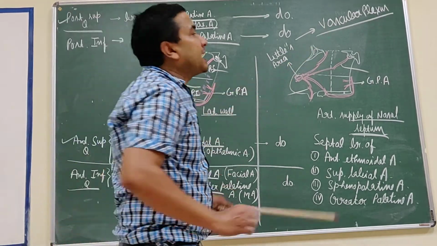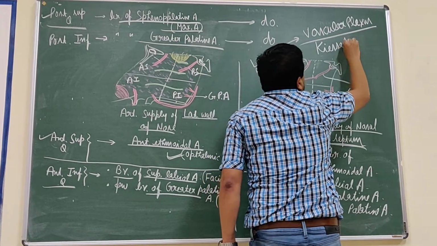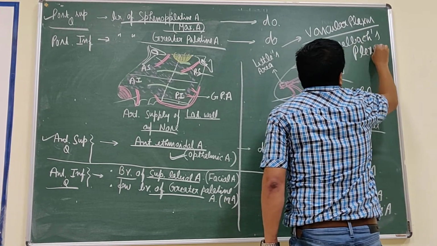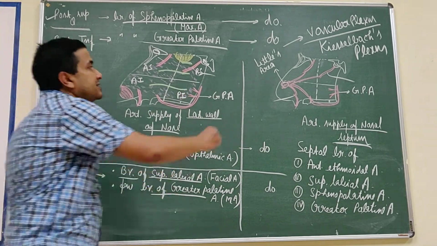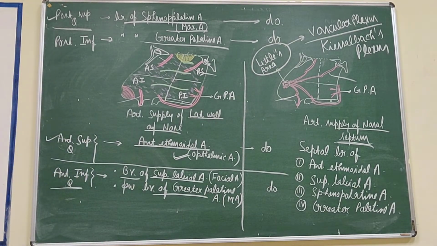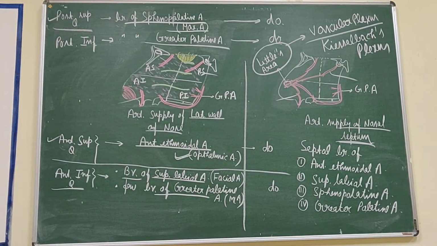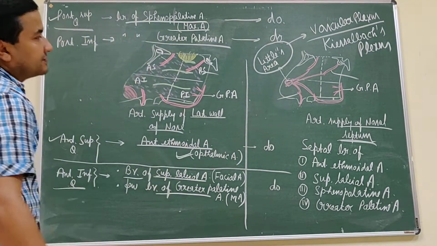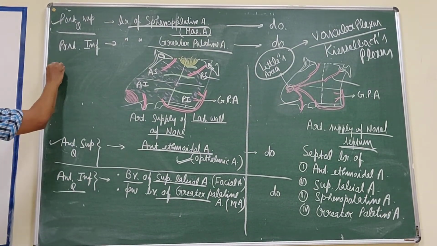This vascular plexus is known as Kiesselbach's plexus, and this area is known as Little's area, or Kiesselbach-Batz area. This is the most vascular region in the nasal cavity, and this is the most common site of nasal bleeding.